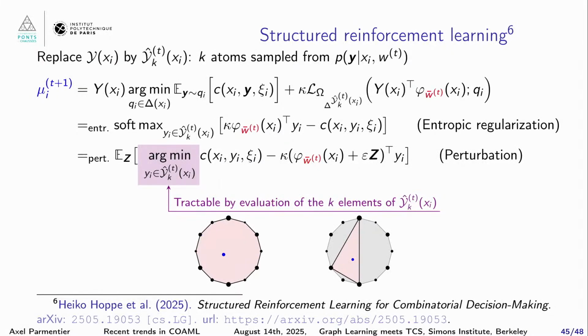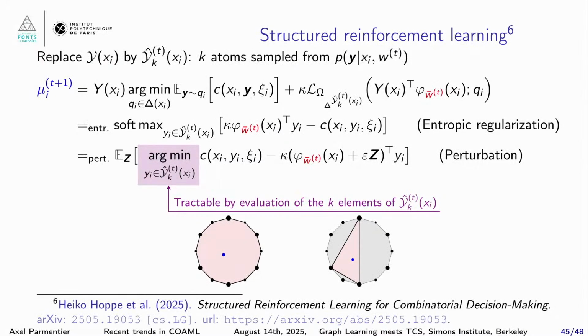And now you can restrict the optimization to these vertices sampled from your distribution, okay? And now it's tractable, because if I have sampled 10 vertices, I can apply my evaluation oracle on these 10 solutions and take the best one just by brute force optimization on a space of size 10.